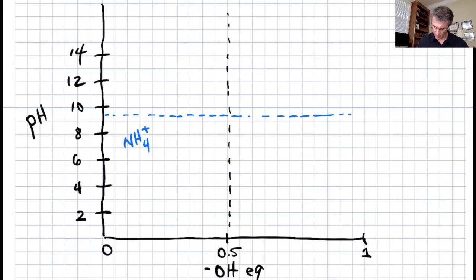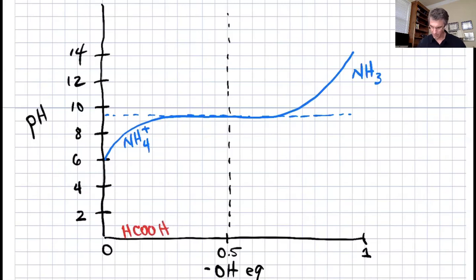And you begin titrating it with hydroxyl ions, the pH of the solution will do something kind of like this. It'll go up, up, up, and then it'll flatten, and then it'll rise again, where at a full equivalent of hydroxyl ions, you have fully dissociated ammonia, all right? Or what happens if we take something like formic acid? Again, fully protonated, right, in solution. pH is super low because it's fully protonated, right?